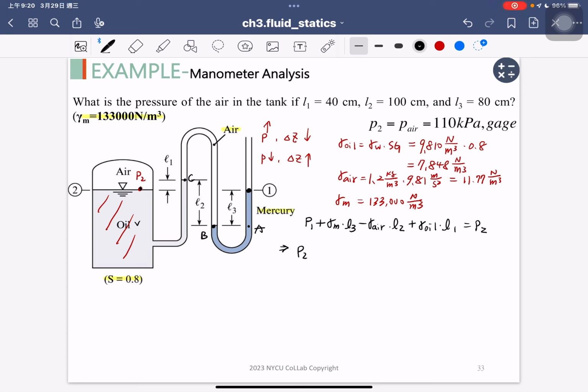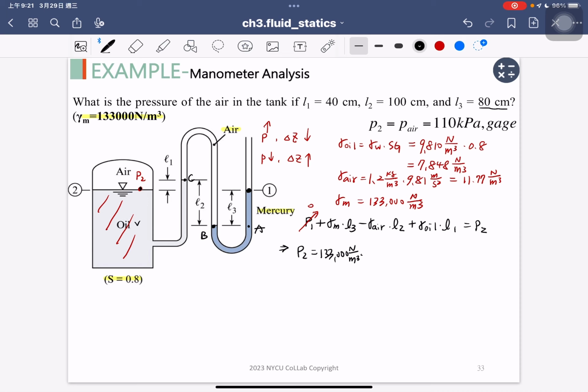So you actually know the P2 will equal to, and the P1 is the gauge pressure 0, so we don't have the P1 values here. And so the gamma M is 133,000 Newton per meter cubic multiply L3.